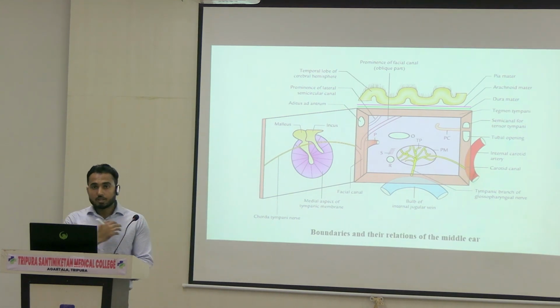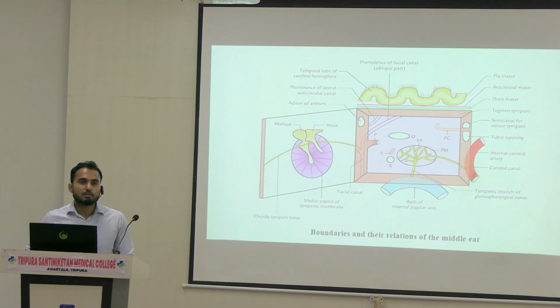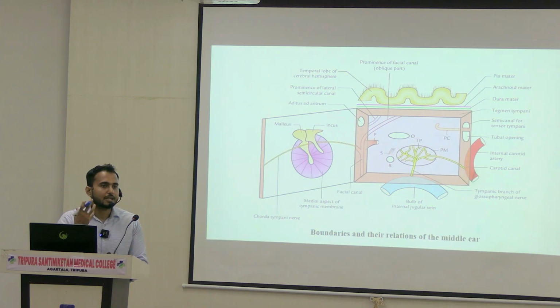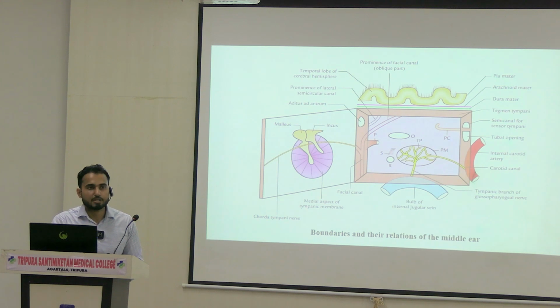ठीक है. Now these windows are extremely important. Why? Through this medial wall, the middle ear cavity communicates with the inner ear. Whenever you hear any sound, the sound falls into the external ear, goes to the tympanic membrane, and through the tympanic membrane the ossicles start vibrating.